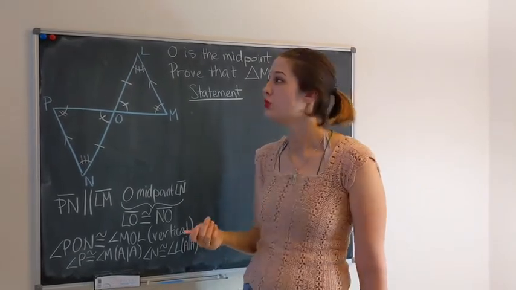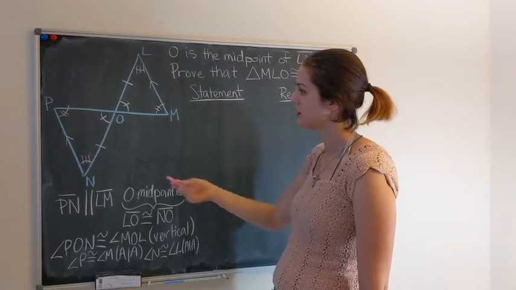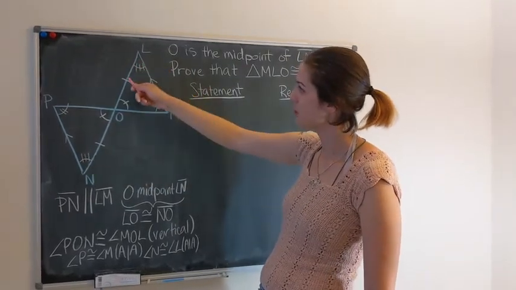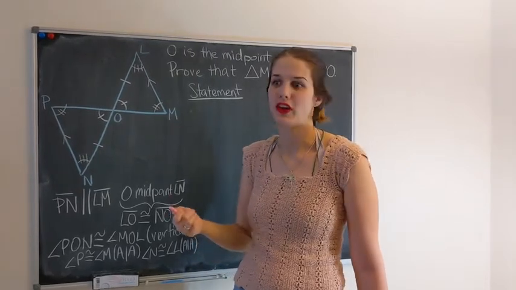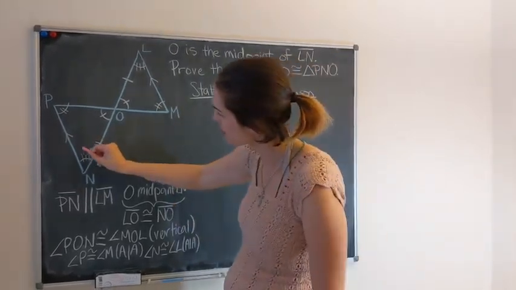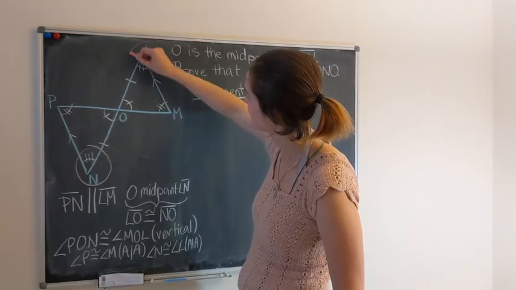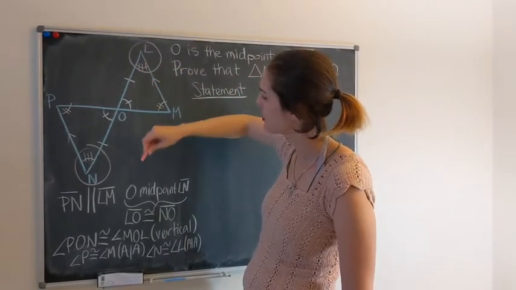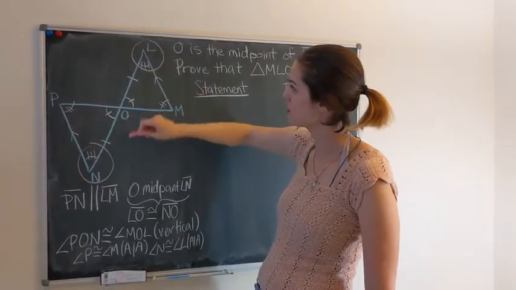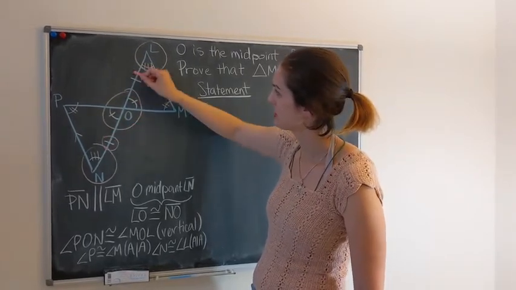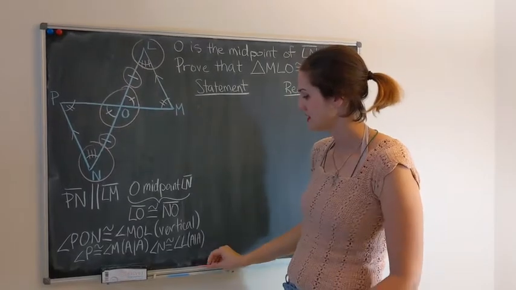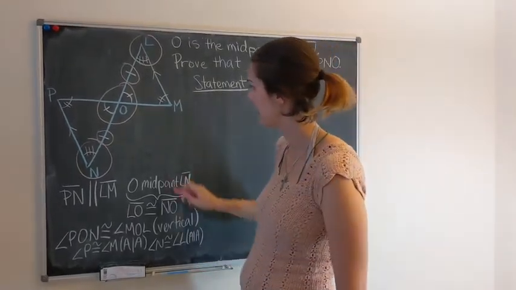And if we are using angle N and angle L, which are touching those pair of congruent sides, that'll be an angle side angle proof. So I'm going to pick N and L to do angle side angle, but either one is valid. So there's one pair of congruent angles, here's a second pair of congruent angles, and there's our pair of congruent side lengths. And that's enough to use angle side angle.